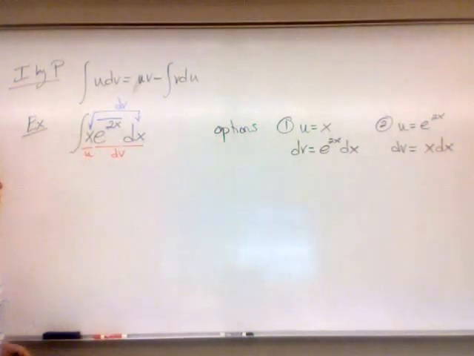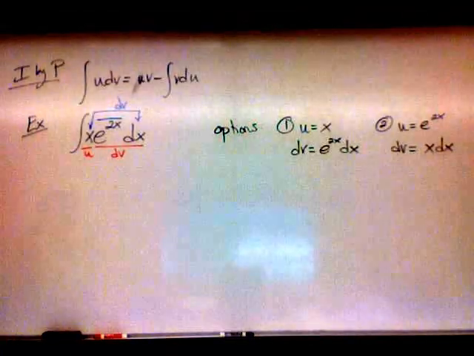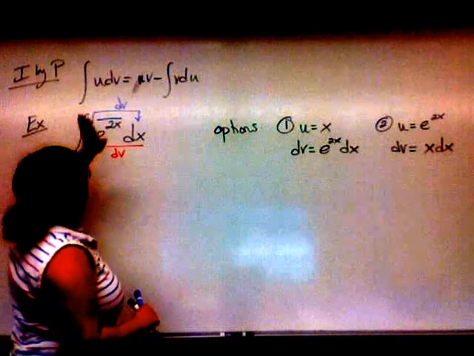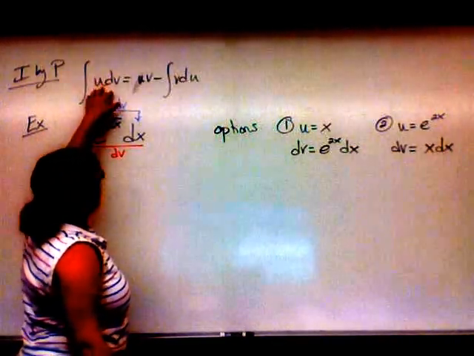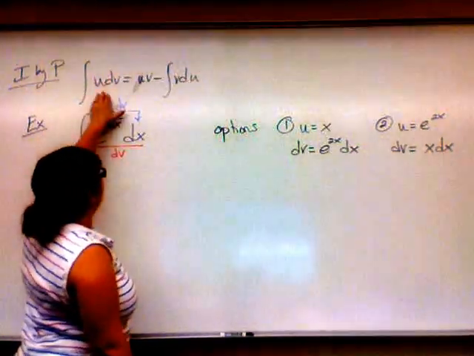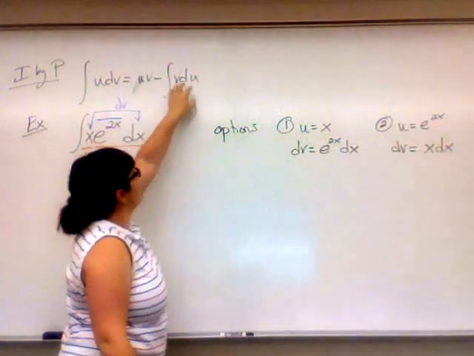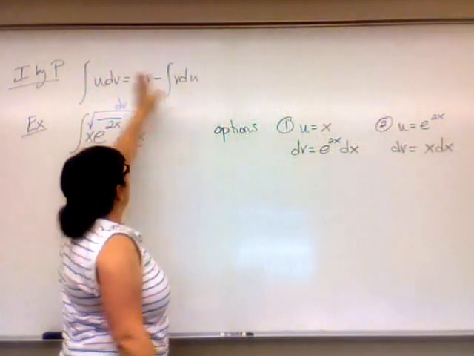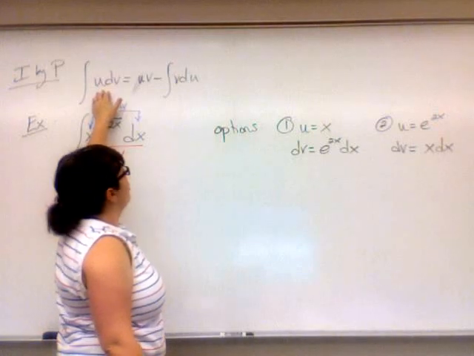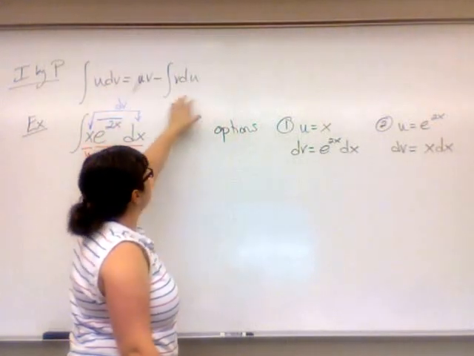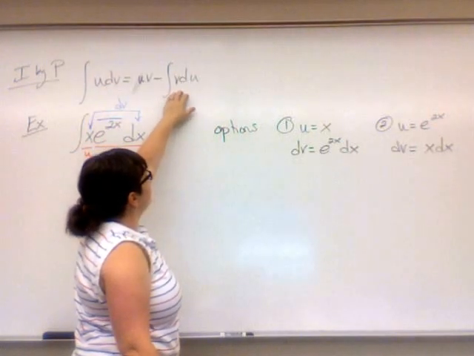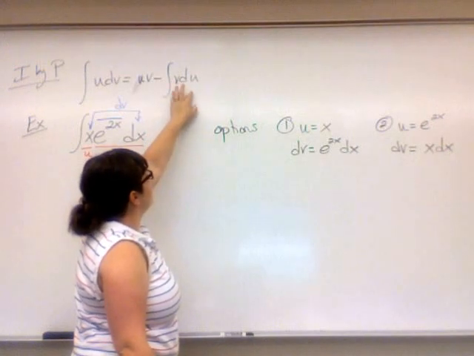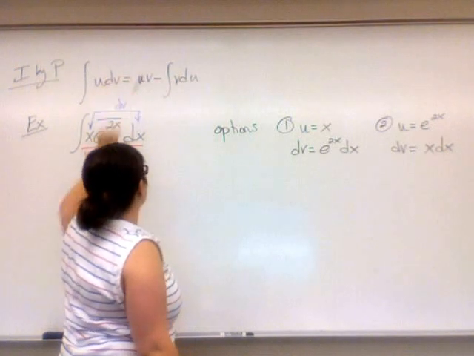Now remember, the entire goal of integration by parts is that we take this integral that we don't know how to do, and we rewrite it where this new integral is easier to do than the one we started out with. So in each of these cases, what we're going to need to do is look to see if the integral of v du is an easier integral to do than the one we're starting out with here.